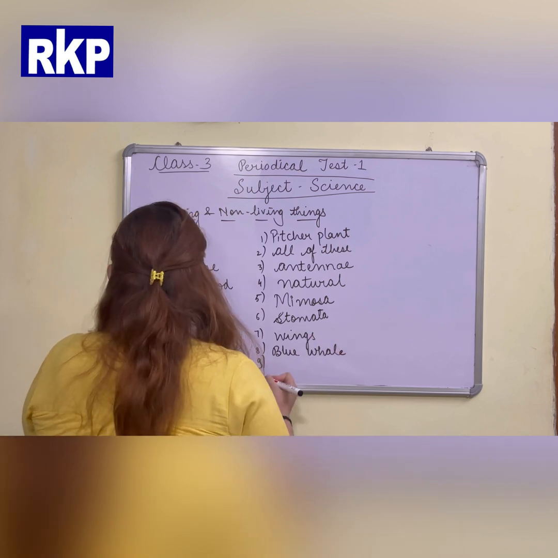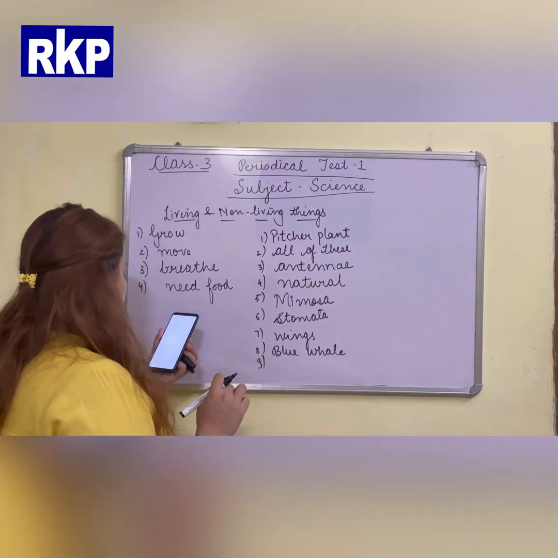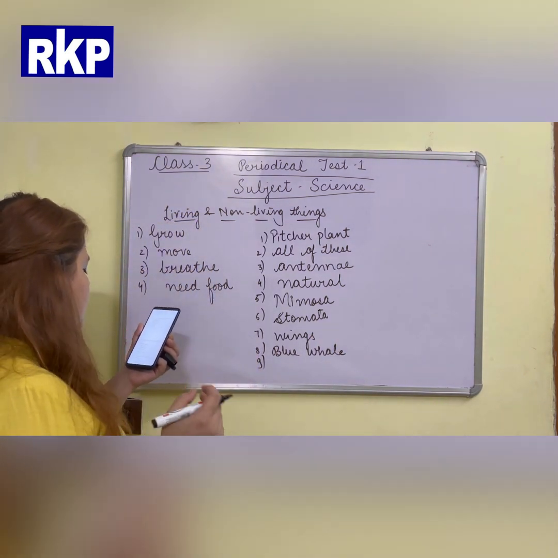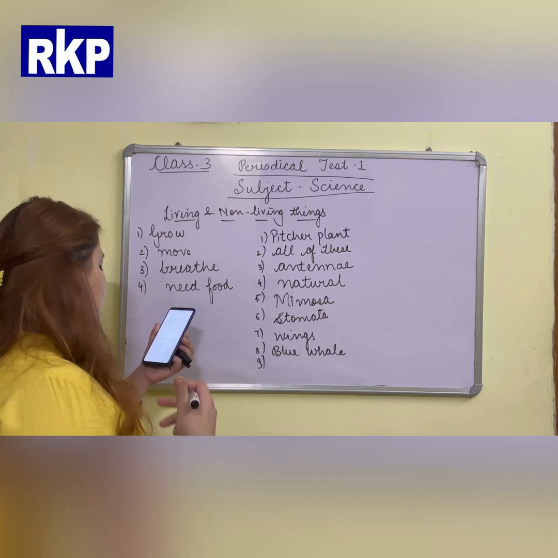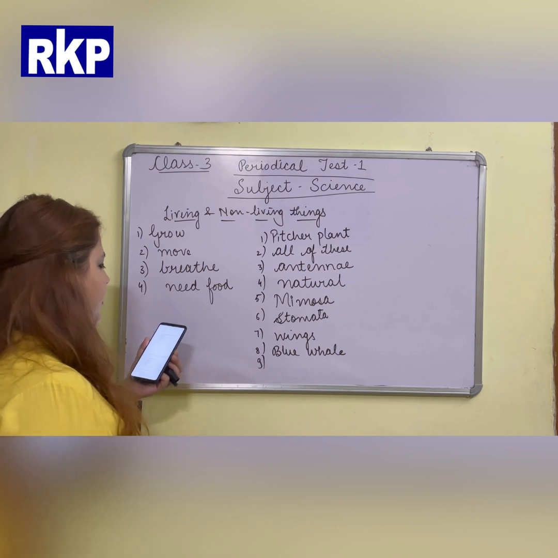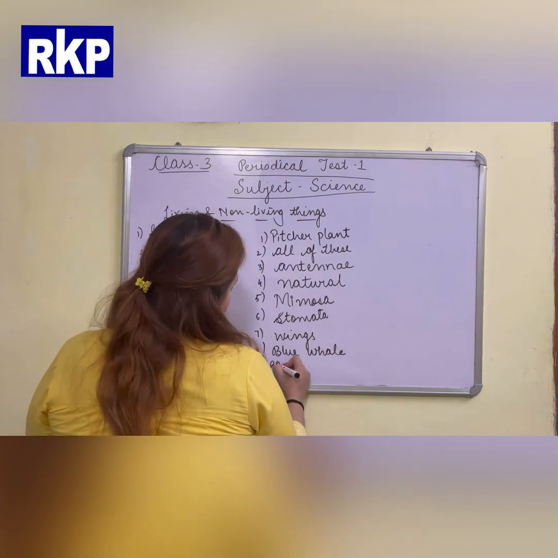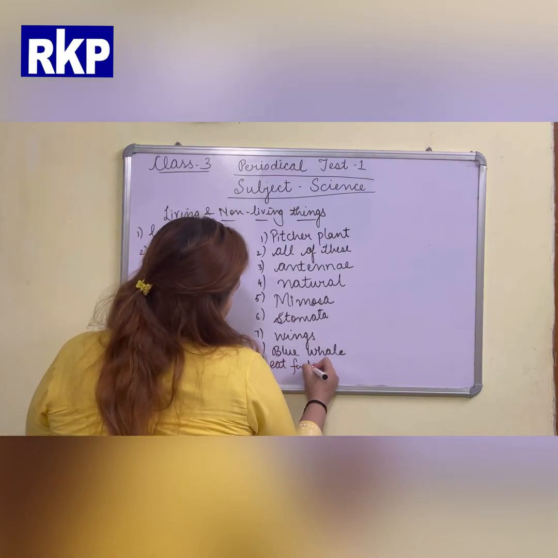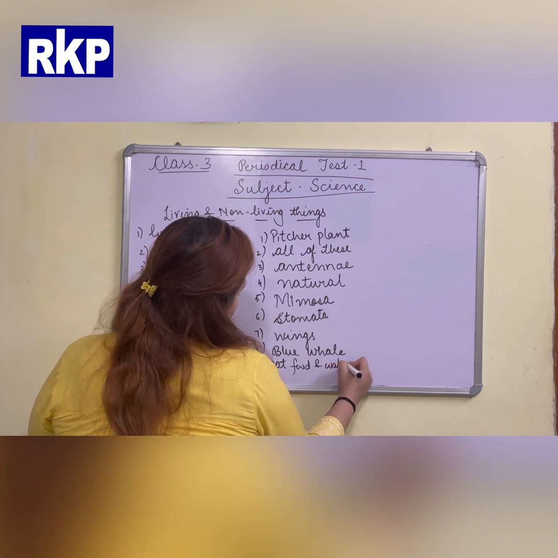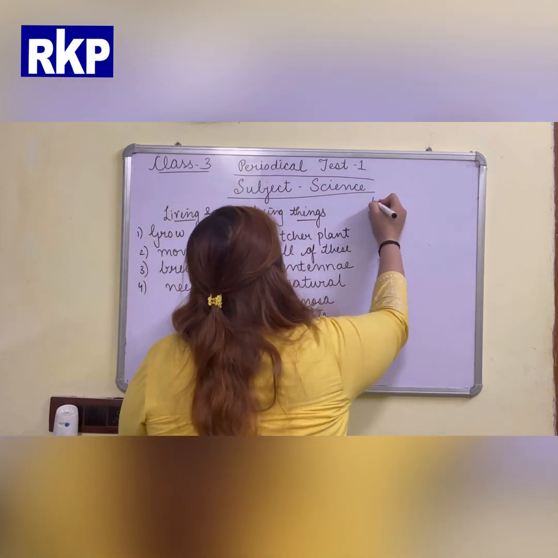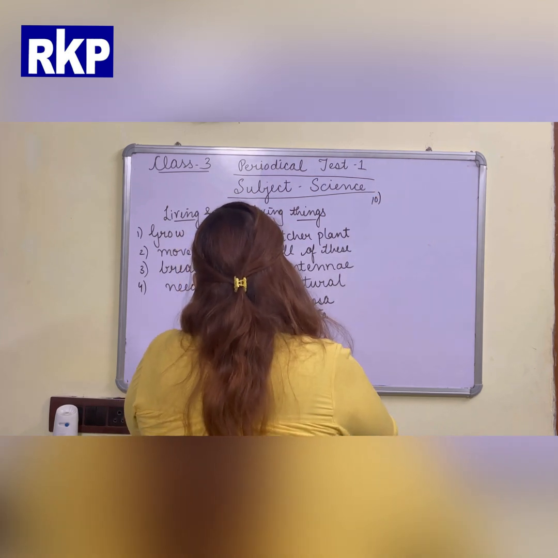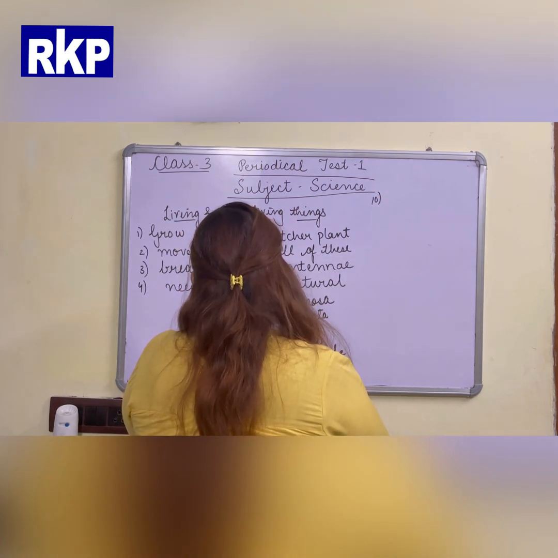Next, 9th question: what do living things do? First, they all play badminton; they all go to school; they all sleep; or they eat food and drink water. The option is they need food and water, means they eat food and drink water. Next, the 10th question: which of the following is a characteristic of a non-living thing?